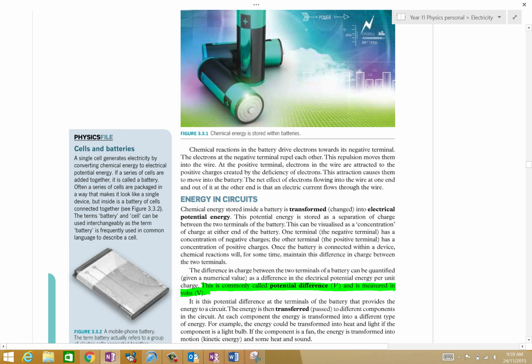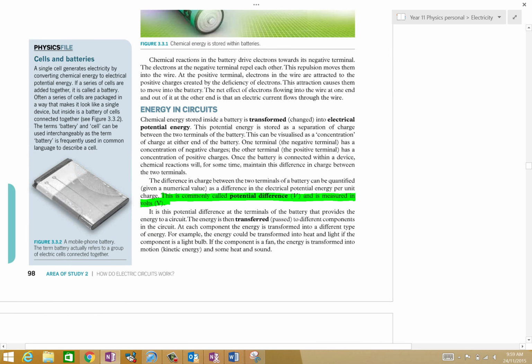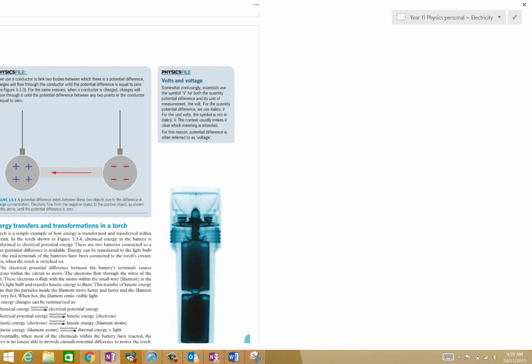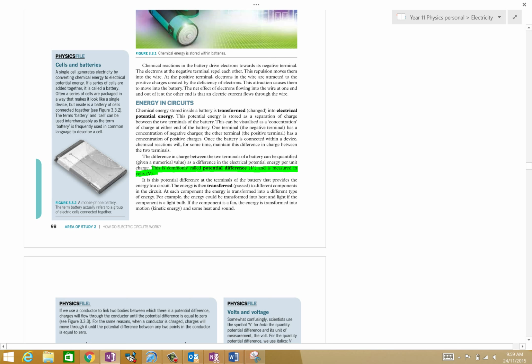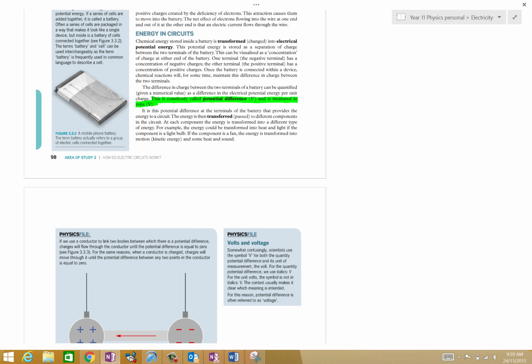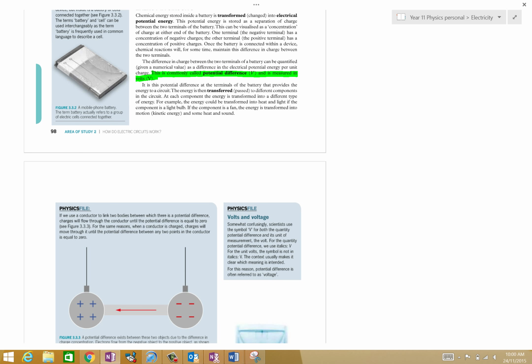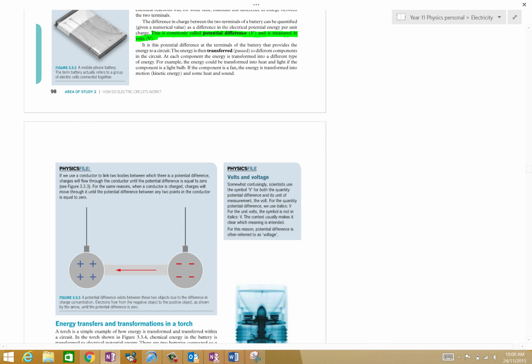But what would happen in a battery? How could we explain when a battery goes flat? What can we say about the potential difference of a battery once it goes flat? Yeah, I guess so. You can say that the chemical reactions are no longer occurring, which means no movement of electrons, no net flow of charges.